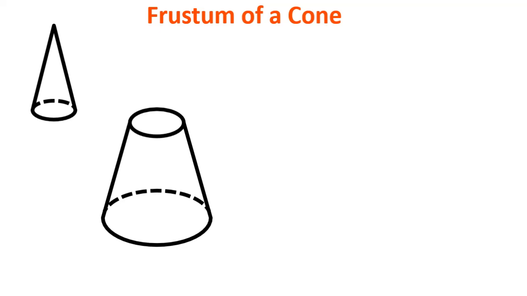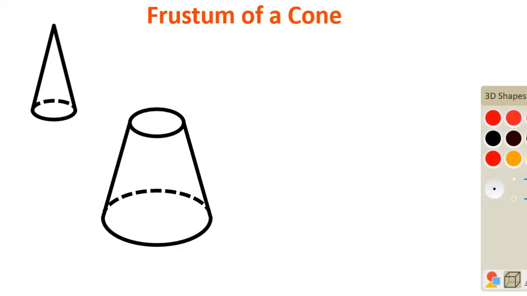of a frustum. Before talking to you about the different formulas that we will be using, let me introduce you to certain terms related to it. Terms are very important, just like how you did in other cases. We can say this frustum is having two circular parts, upper and lower.